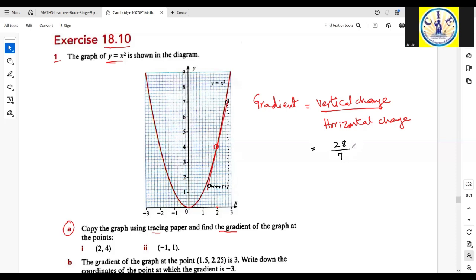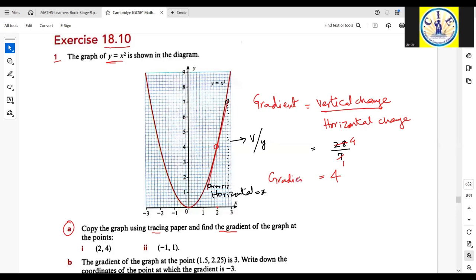So 7 boxes is the change along x, that is the horizontal change, and this is the vertical or y change. So we have used these numbers of boxes to calculate the gradient. So that gives us obviously 7 fours are 28. So the gradient is 4.